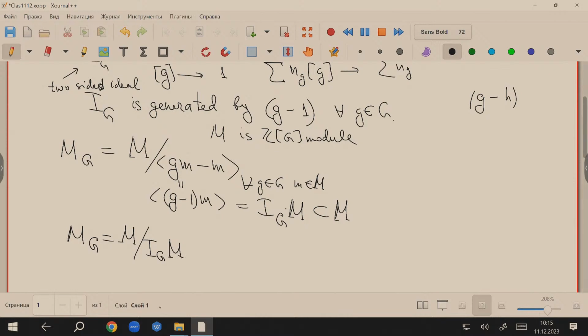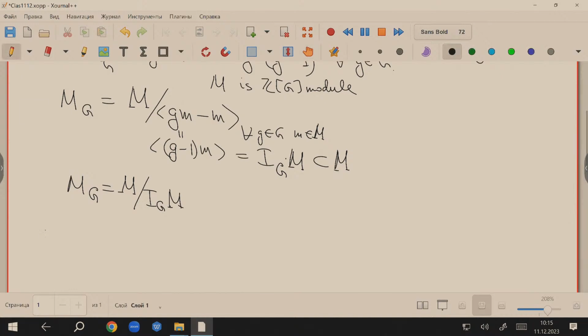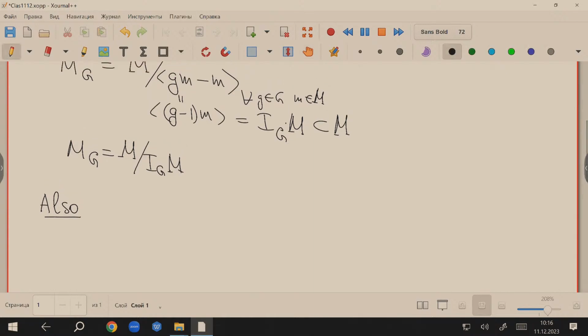And moreover, you can also apply something to this exact sequence. You have this exact sequence, and naturally everything has a structure of G-modules here.